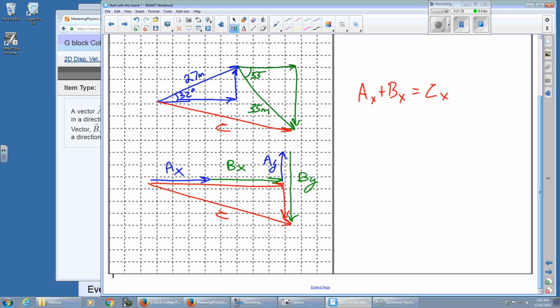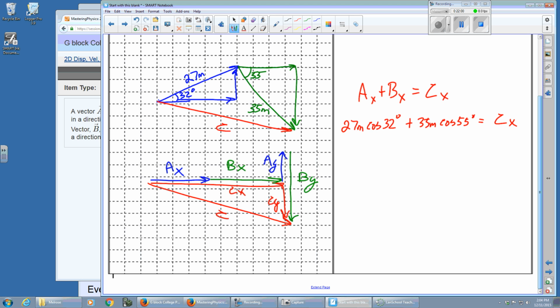AX is 27 meters cosine 32. BX is 35 meters cosine 55 degrees. Add those together and I get the length of CX. It would be nice in my drawing to label CX and CY.